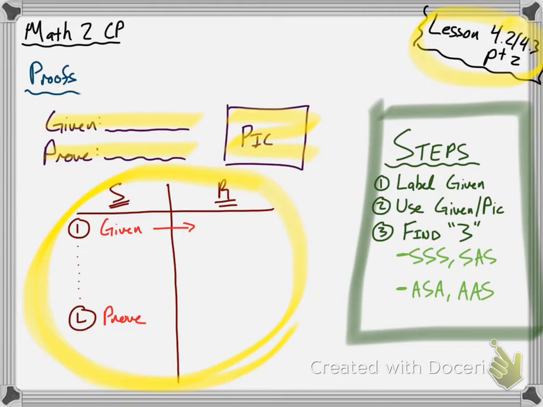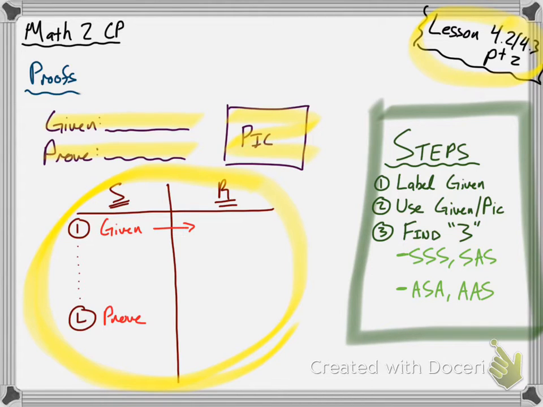Step 2, we're going to use the given and the picture or diagram that is there. And for our third and final step, we're going to find the 3. And the 3 are the 3 pieces of information that we talked about in part 1, the lesson before. That is side, side, side, side, angle, side, or angle, side, angle.